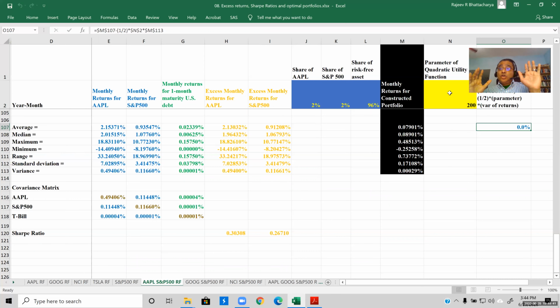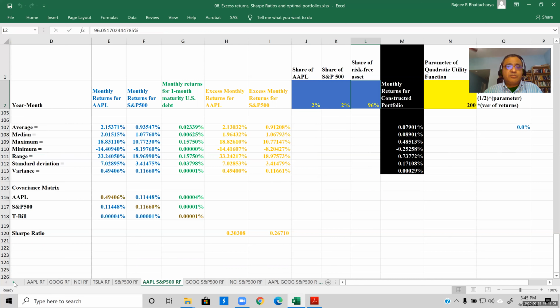It means you care about the variance of the portfolio 100 times more badly than you care about the expected return. Very, very risk averse, in which case you'll only put 2% of your money on Apple, only 2% of your money on the S&P 500, and 96% of your assets on the risk-free asset, cash.